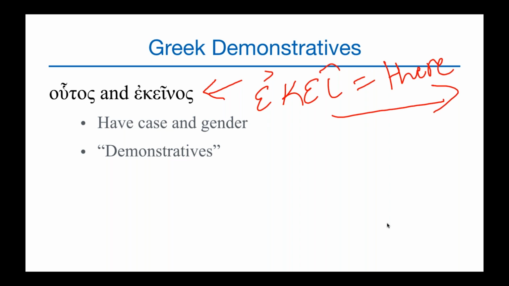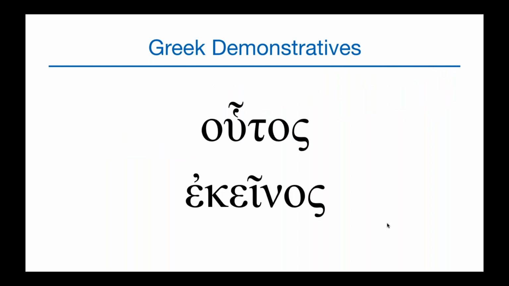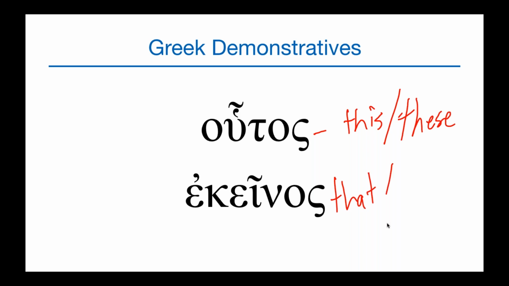So it implies some distance. Ekeinos is going to be the far demonstrative. Houtos is the near demonstrative. So this / these, that / those. As I already mentioned, you've got a K there buried in the word.